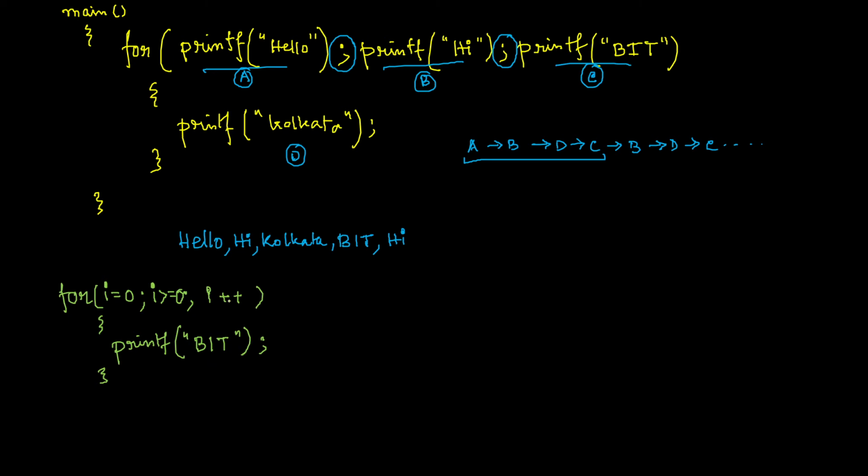Then again BIT will get printed and so on. As soon as i gets incremented, I will keep on incrementing, and BIT will be printed, because if i is greater than 0 then the condition is always true, but this is not a true infinite loop.